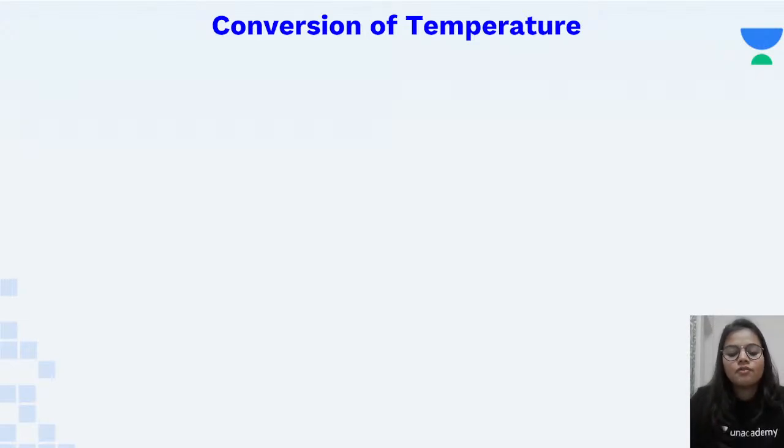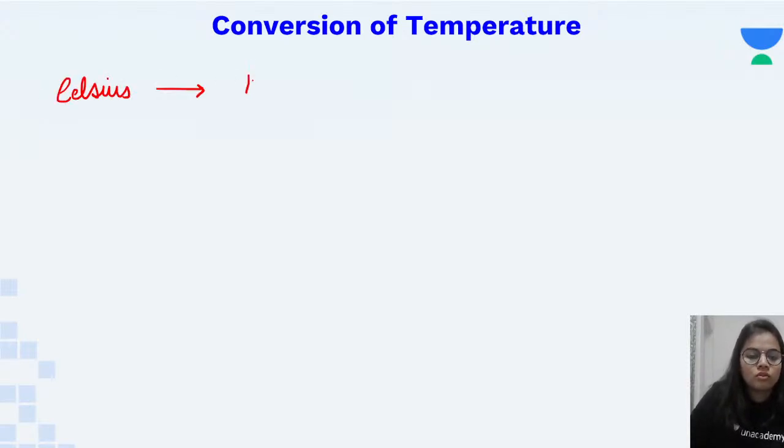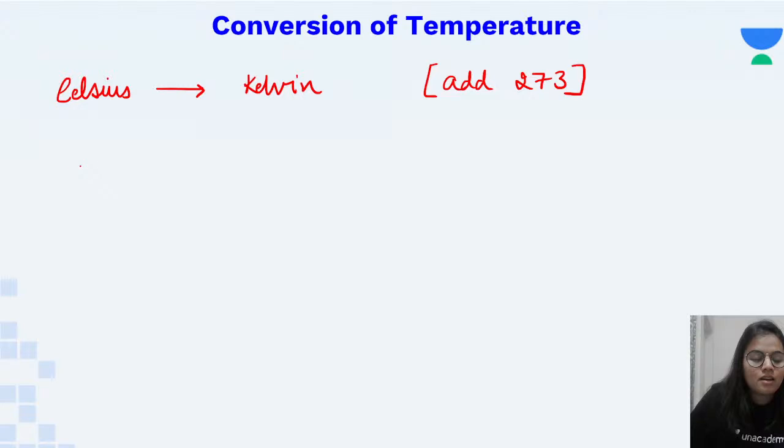Now see, if I talk about conversion from Celsius to Kelvin, the value in Celsius can be converted to Kelvin just by adding 273. Now how is that possible? For example, I have 0 degrees Celsius. So 0 plus 273 makes it 273 Kelvin.